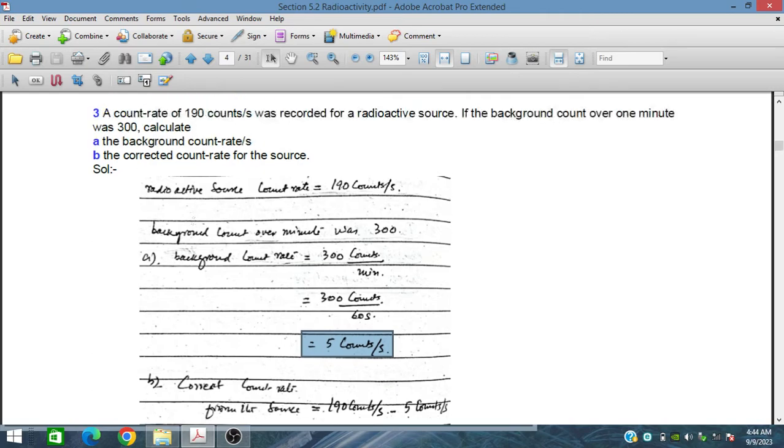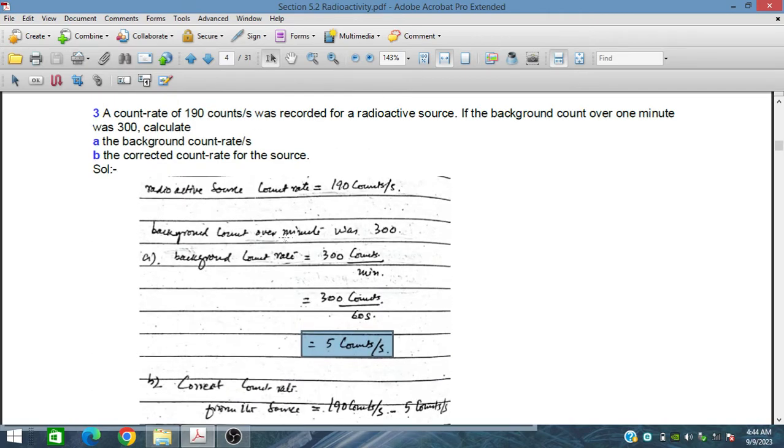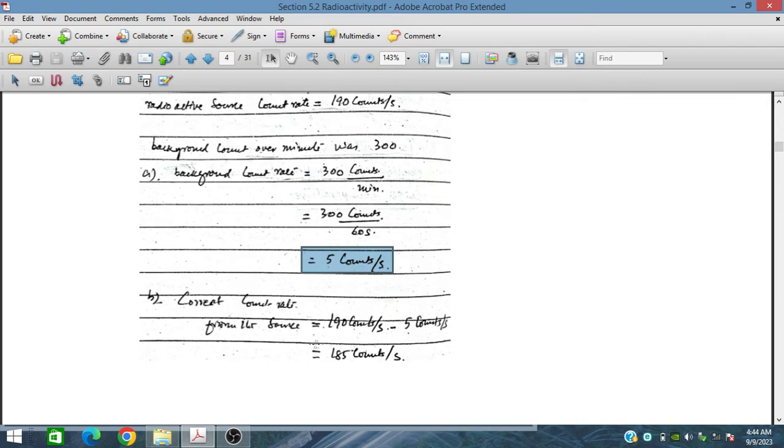The corrected count rate for the source is 190 from the radioactive source, minus the background count of 5, so the corrected count rate from the source is 185 counts per second.